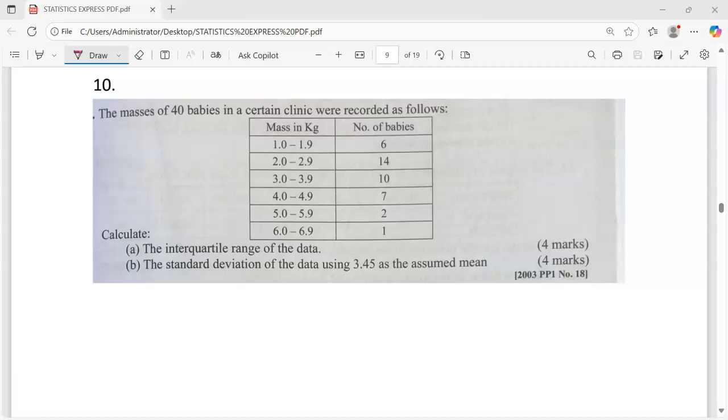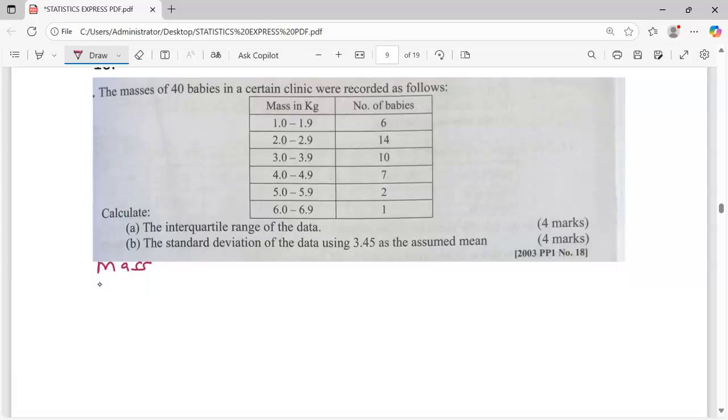the assumed mean. We are going to begin by first modifying the table so that we can get the interquartile range and the standard deviation at the same time. So we are going to begin with the mass, and the mass ranges from the first one, which is 1.0 to 1.9.